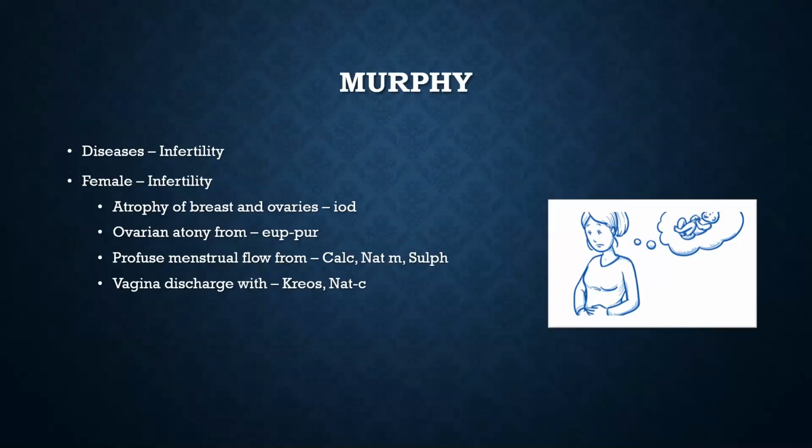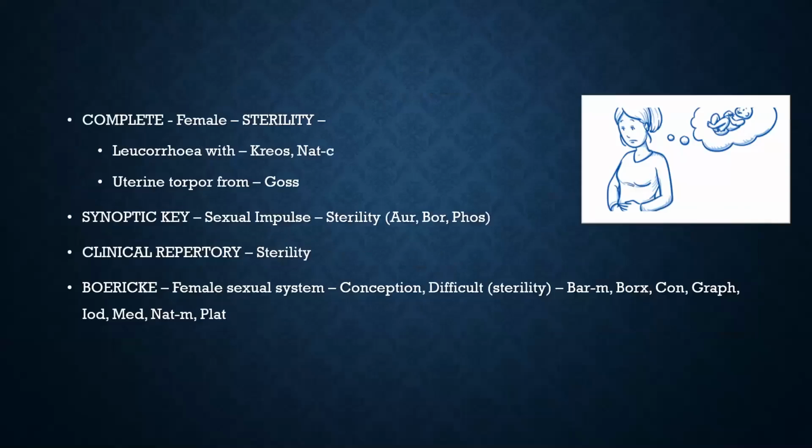Then, if it is from ovarian atony, then if it is from profuse menstrual flow with infertility with vaginal discharge, these are the representations of infertility in Murphy's repertory. Then complete repertory, go to chapter female, we have sterility, leucorrhea with, and uterine torpor.